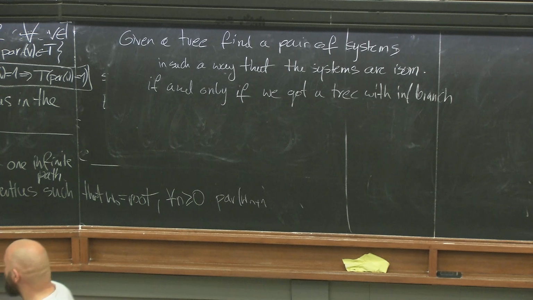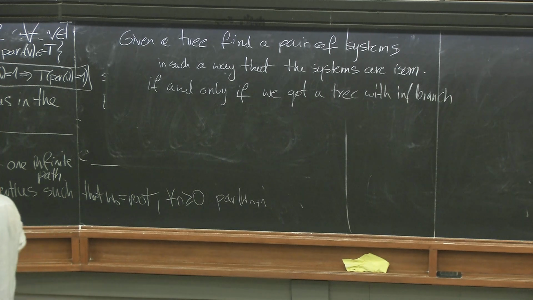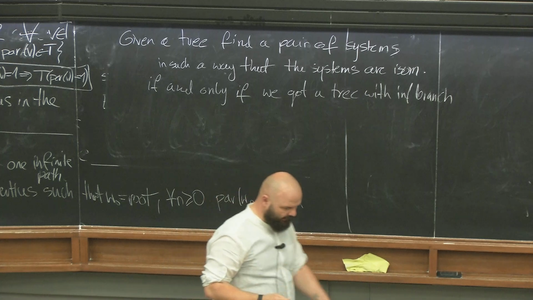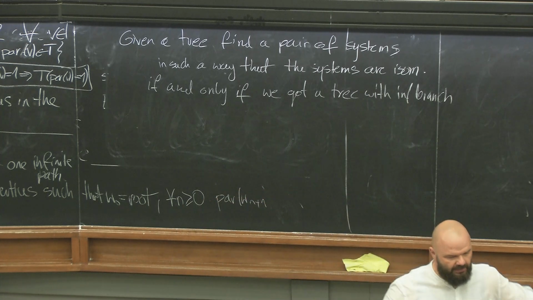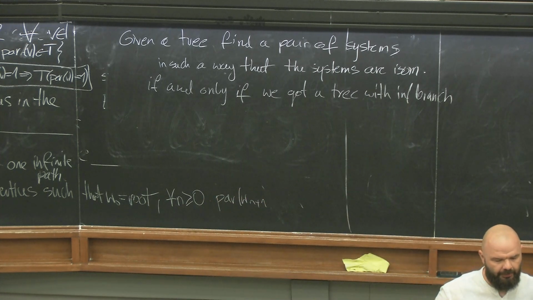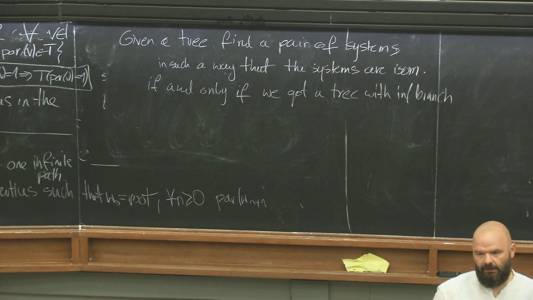So what will now be a continuous function? Imagine that we are not receiving our tree immediately. We don't see our whole tree immediately.